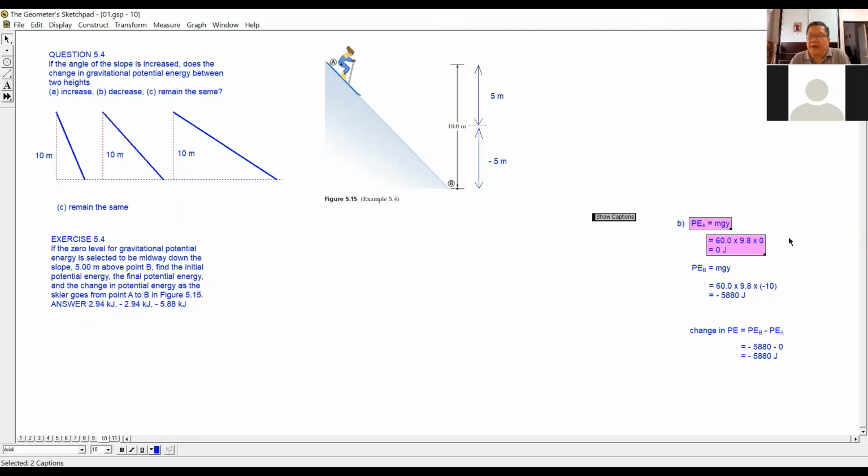Now the next one: I want you to calculate the potential energy at B. That will be the same, but negative instead. Correct. Then how much is the change in potential energy? You must use the final minus the initial, not the initial minus the final. So negative 2,940 minus 2,940 will be negative 5,880.